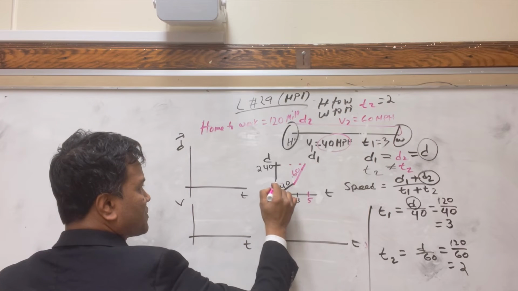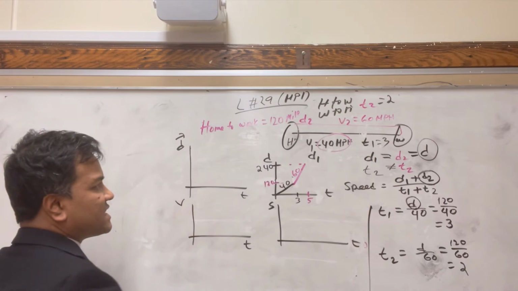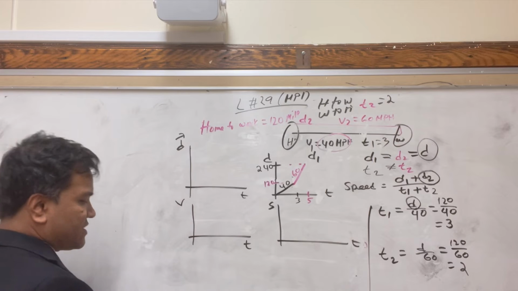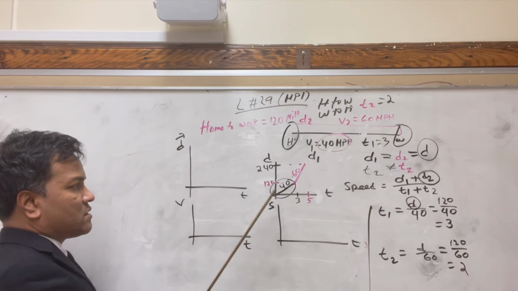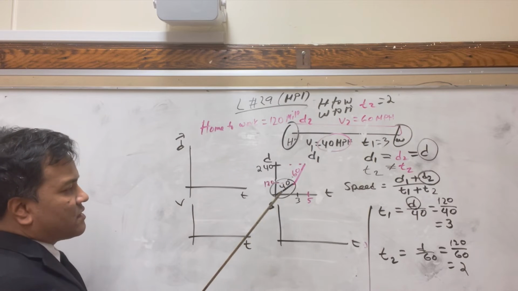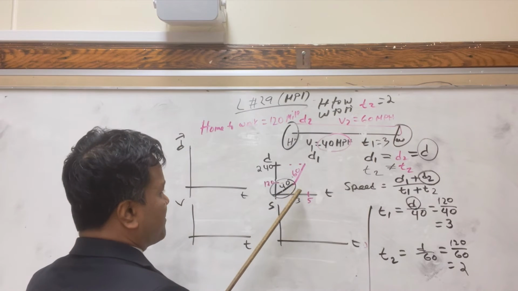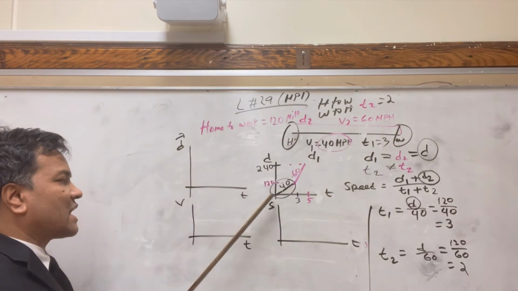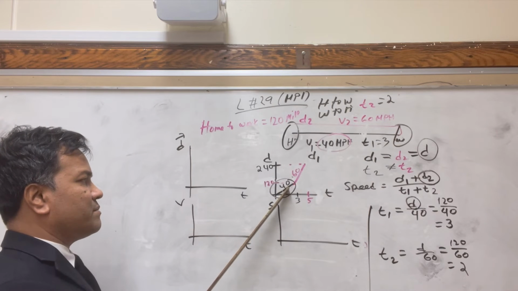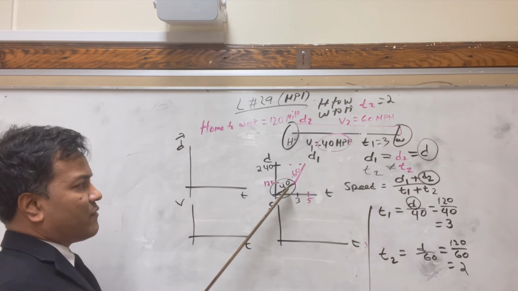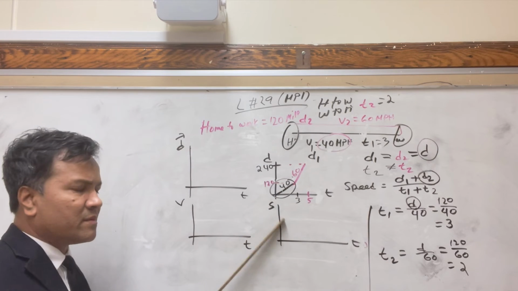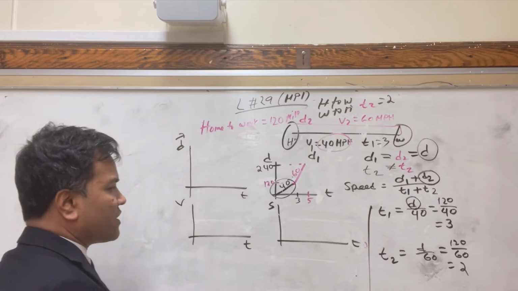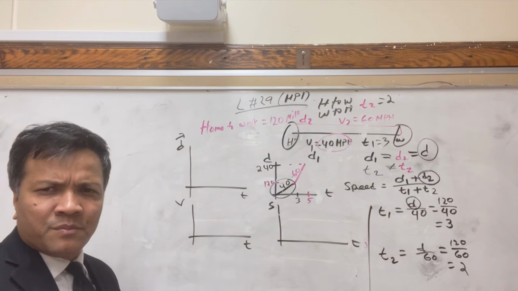This is 120. Okay, so the distance-time graph is done. Now we're going to do the speed-time graph. When you take the derivative, we're not going to do it by calculus, but if you did use calculus, the derivative of 40t becomes 40. That's not what we are doing here.